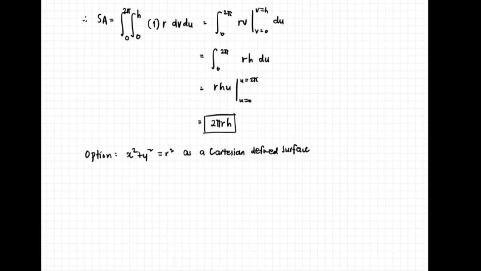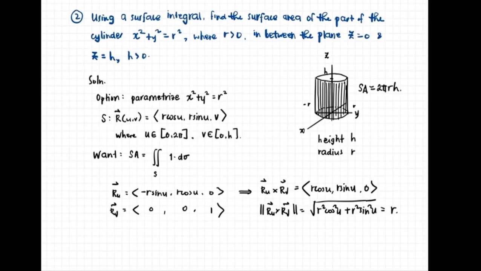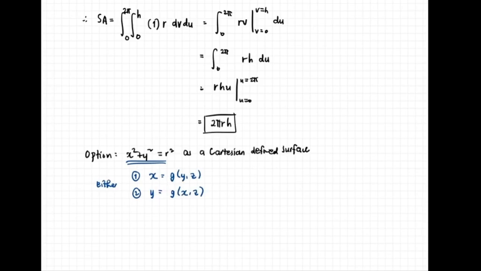However, take note here that the only way for us to define x squared plus y squared equals r squared in terms of Cartesian would be to write here either x equal now to a function in terms of y and z, or y equal now to a function of x and z. There's no need for us to introduce z, since z is actually a free variable for this case. It varies from 0 going now to h. So let's use here this portion.